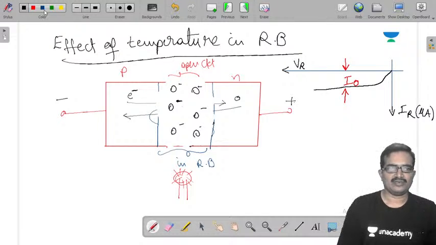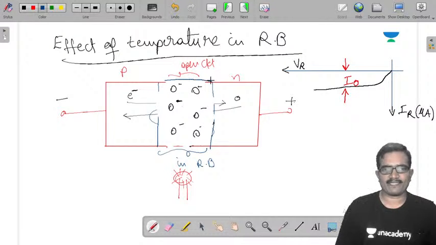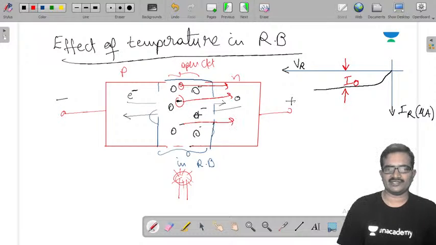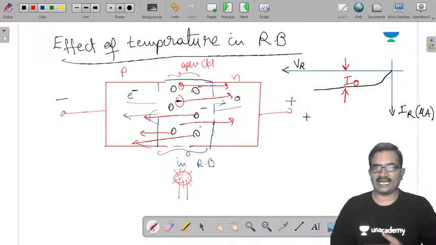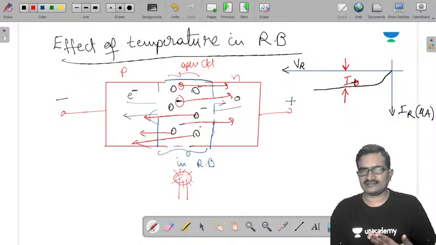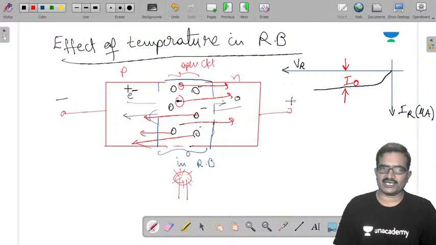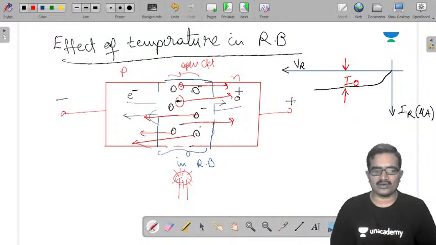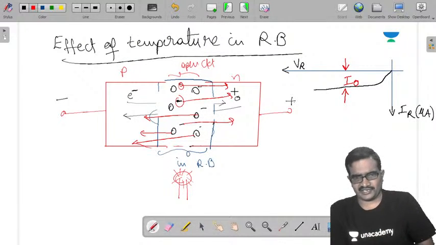Now due to this applied reverse voltage, this negative, the electrons which are available here are moving this side and these holes are moving this side. In the earlier case, only the electrons which are in the p region are going to be crossing, but now new charge carriers are generated at the junction.